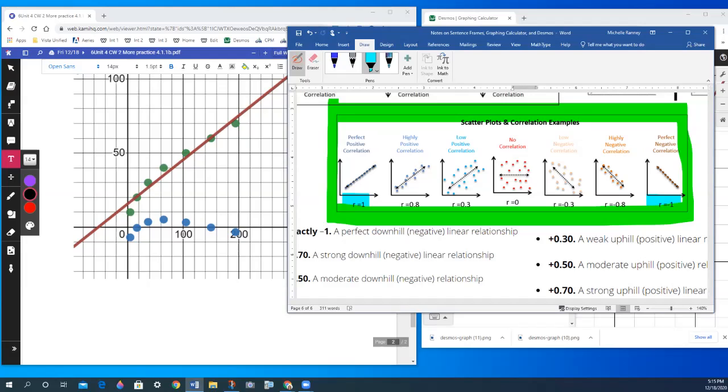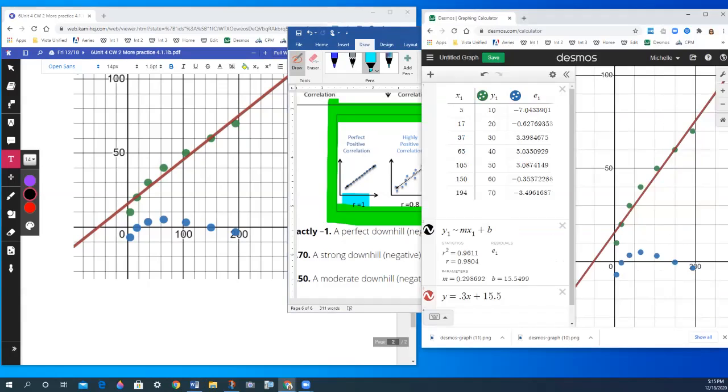As we get the points further and further off the line, you see the numbers are getting further and further away from 1 and -1. And so it's not as strong the further it's getting away. Now, in this case, when we have an R of 0.98, that is strong. That's very strong.